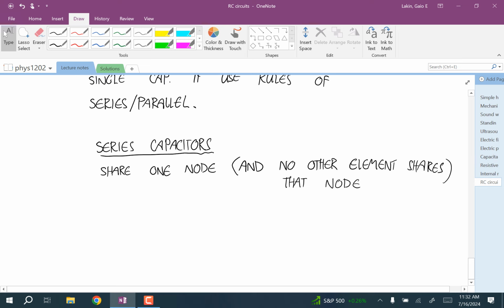So this would look something like this. And let's say this is C1 and this is C2. Okay, that's two capacitors, but you can imagine wrapping this up in electrical tape and packaging this whole thing as a single capacitor. And let's say that we would call this capacitor C equivalent.